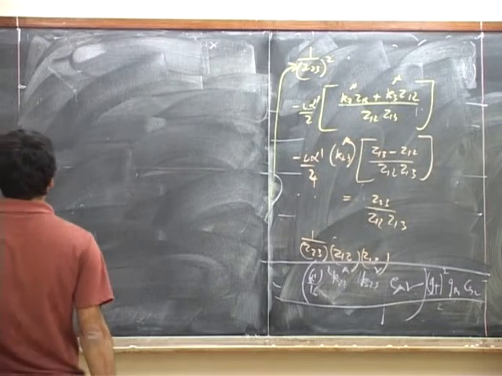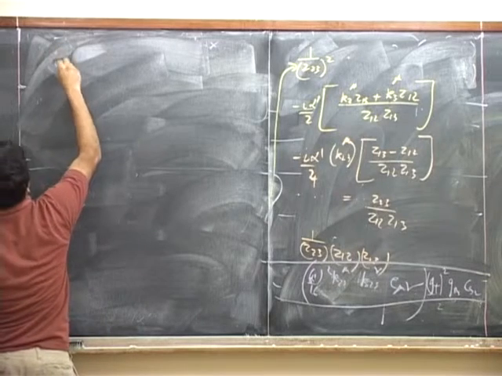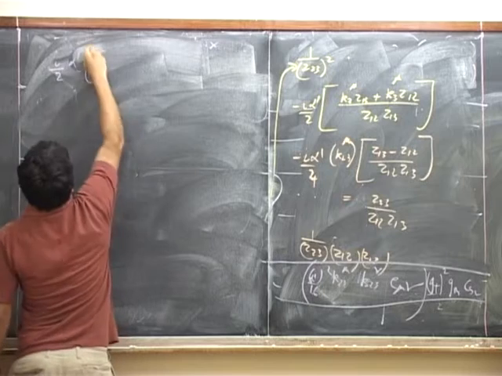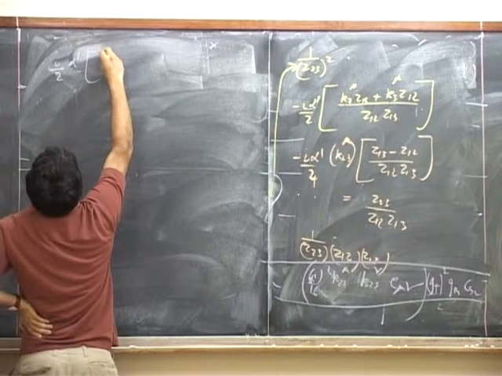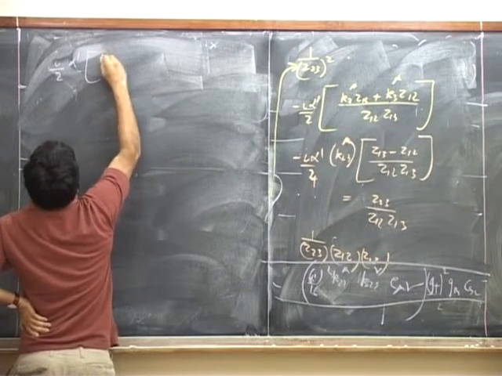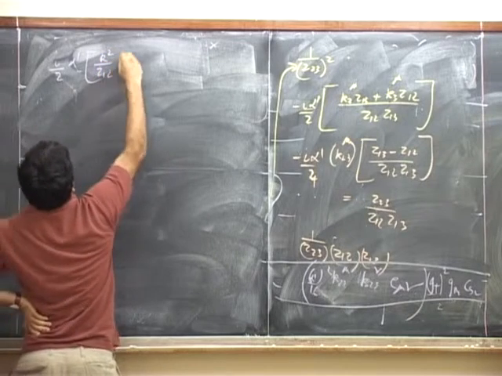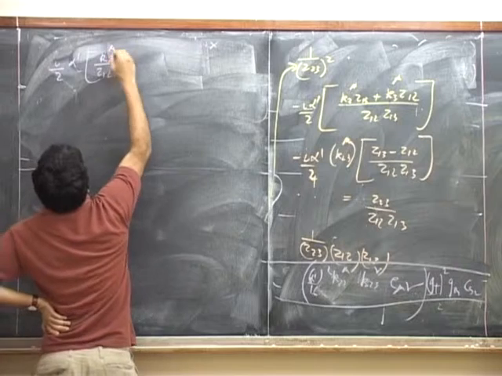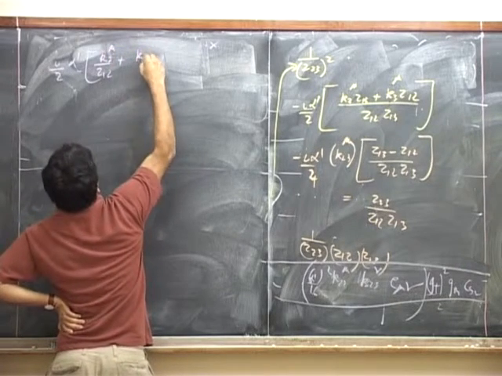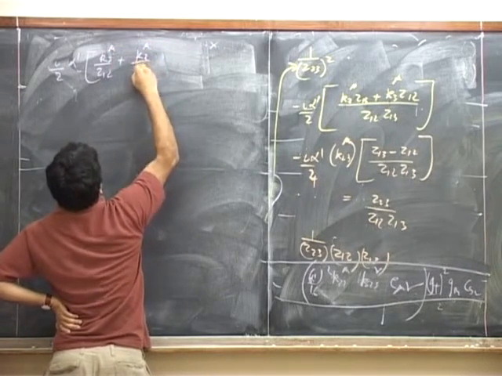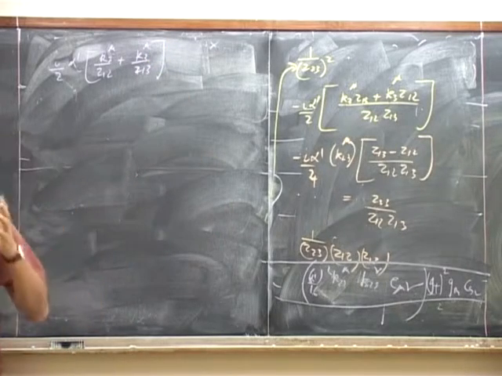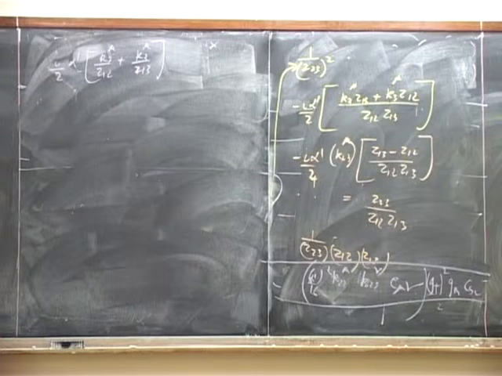Okay? So now from the oscillator contractions, what do we have? We have this i by 2 alpha prime, and then k2 over z12 plus k3 mu over z13. But now this is going to be contracted with a polarization vector of 1.